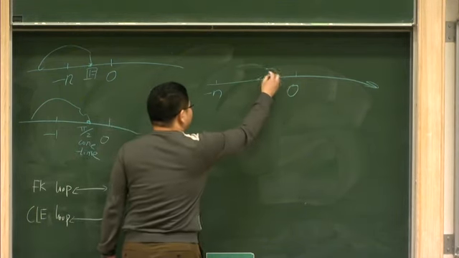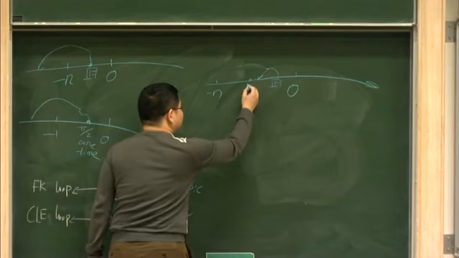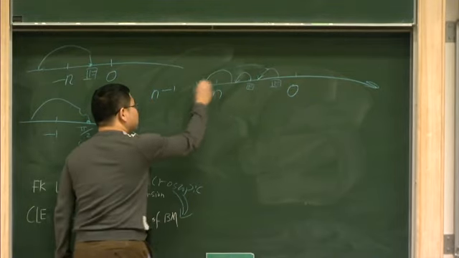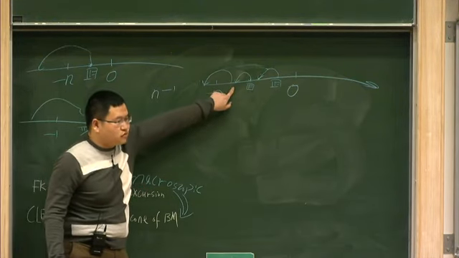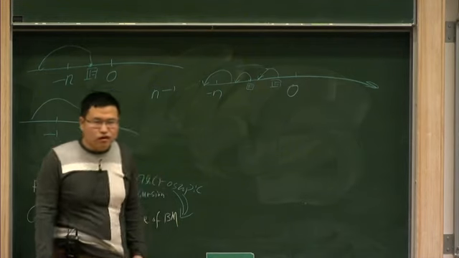If it is not, you keep reading the word until you find the next f. And finally, after some steps, you are going to find this maximum f excursion smaller than 0, containing minus n.